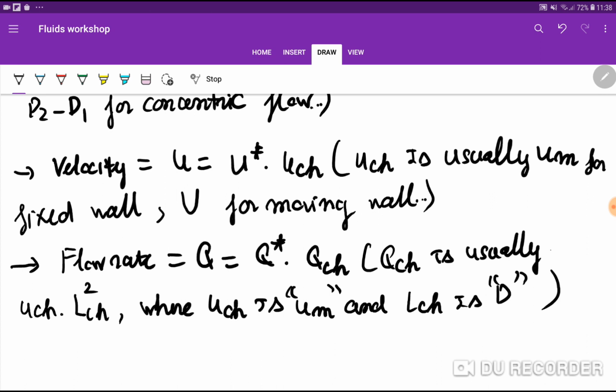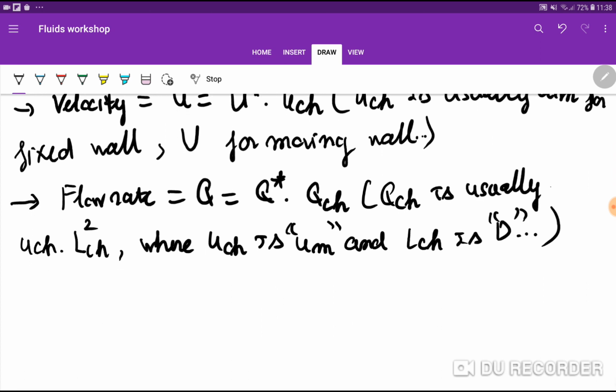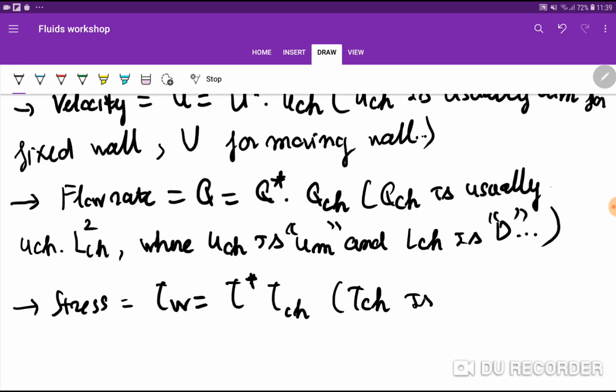Okay, it can change. I'll show you. It's very specific to the problem. Okay, so stress. So tau W is usually tau star times tau CH. Tau CH is usually rho times U infinity squared. Okay, so these are some examples I have.